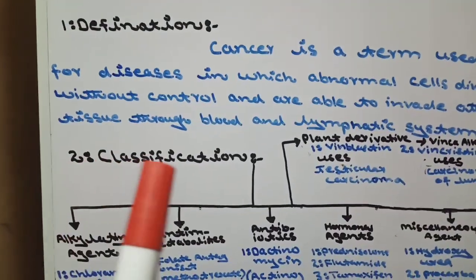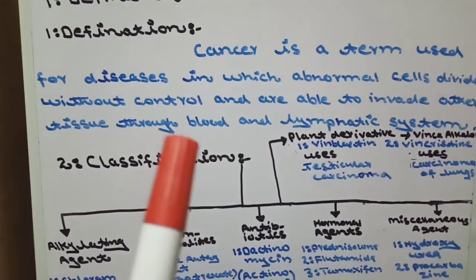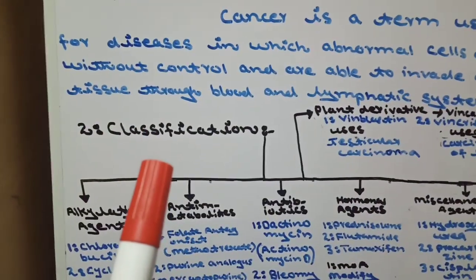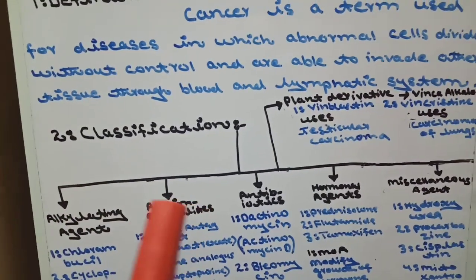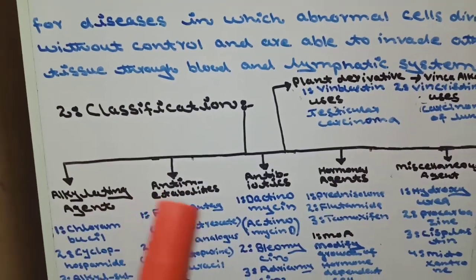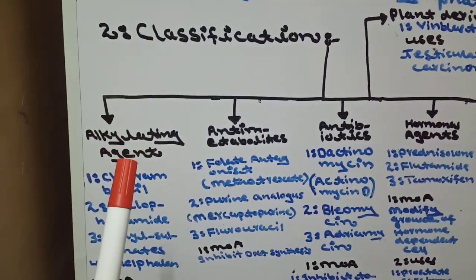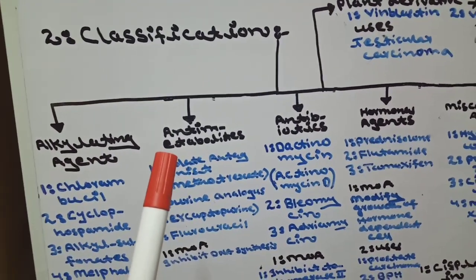Now the classification of anti-cancer drugs. We classify anti-cancer drugs into 6 groups, and in these groups we put the drugs. The first group is alkylating agents. Second, antimetabolites.